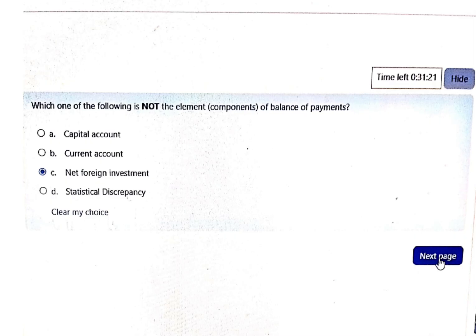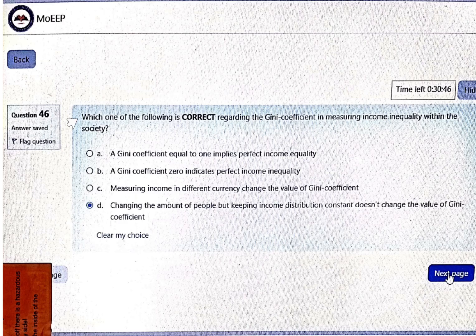Okay. Question 46. Which one of the following is correct regarding the Gini coefficient in measuring income inequality within a society? A. Gini coefficient equal to 1 implies perfect income equality. B. Gini coefficient 0 indicates perfect income inequality.